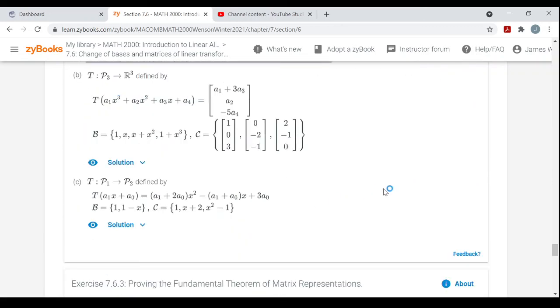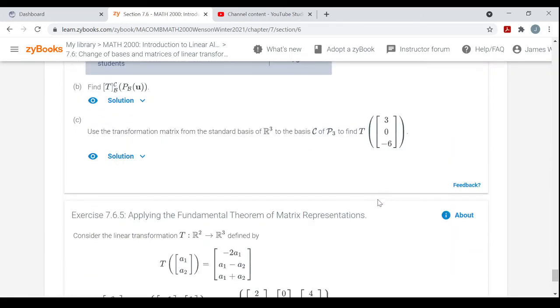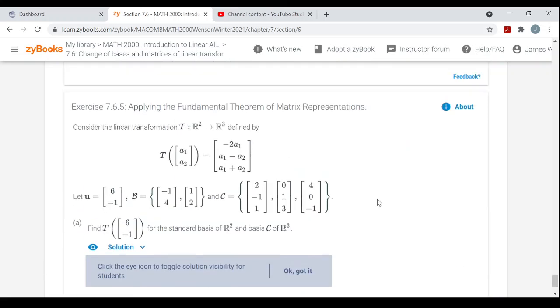And I know this is a lot, and this is the end of chapter 7. This is heavy on notation, heavy on mappings, and change of bases and all that. Heavy on coordinates. You're dealing with lots of coordinatization now, and it is very easy to get confused. Which basis am I looking at?